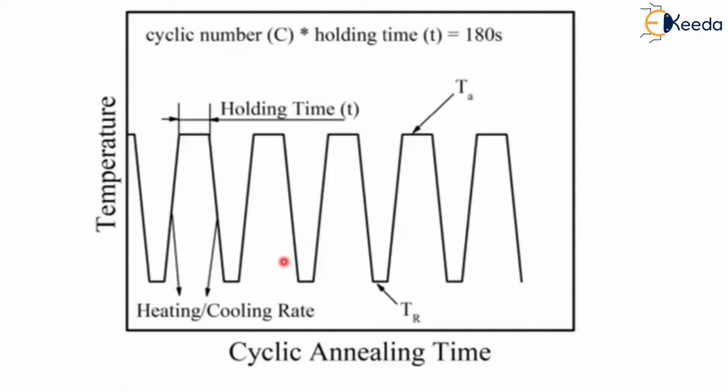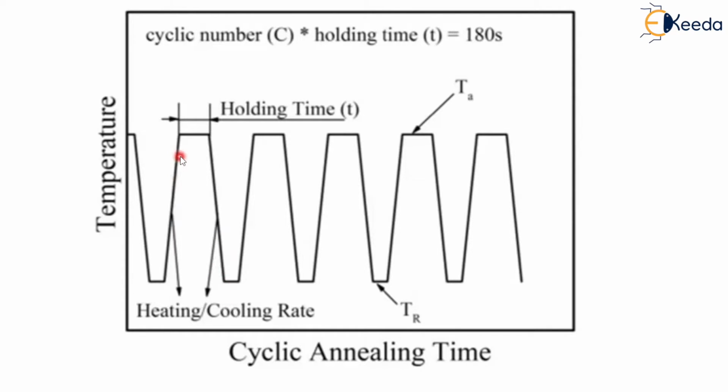You can observe the timing of the process here. In the image that you are seeing, there are two inclined lines. One line is the heating line, and the other is the cooling line. So this is the heating rate and this is the cooling rate.